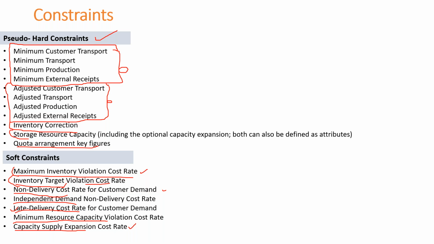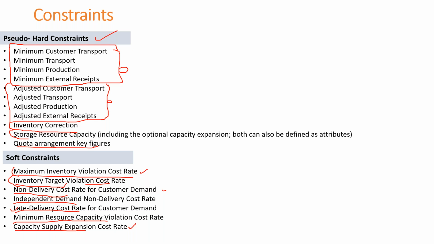But what is the non-delivery cost? Non-delivery costs are so high. Okay, then fine. Expand your capacity. Do whatever capacity supply expansion that you mentioned. So if I say that capacity can be supplied for 10 more hours, then optimizer says okay, increase your 10 more hours, do more production, do more shipment, meet the demand, because meeting the demand is the most profitable one.